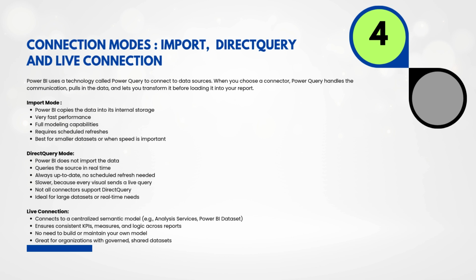In this mode, Power BI doesn't store data locally at all. It simply connects to the shared model and uses it directly. So that's how Power Query connects to your data and how import, Direct Query, and live connection each give you different ways to work depending on your project needs.